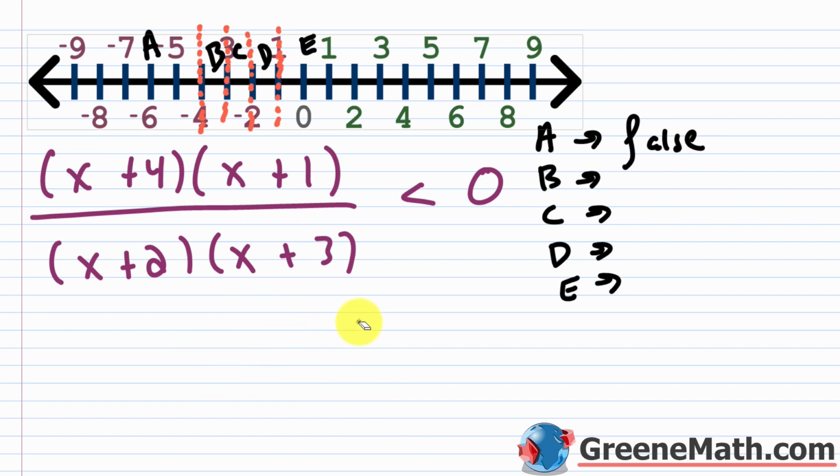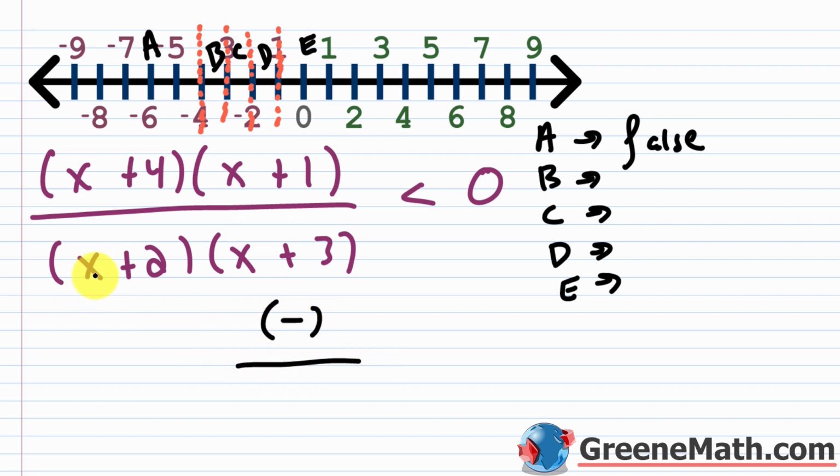Okay, for B, again, this is a tight window, so it's between negative 4 and negative 3. You could just use negative 3.5. So negative 3.5 plus 4 is 0.5 or half. And then negative 3.5 plus 1, that's negative 2.5. And again, without multiplying this together, let's just say this is going to be a negative and just be done with it. So this is a negative over down here.